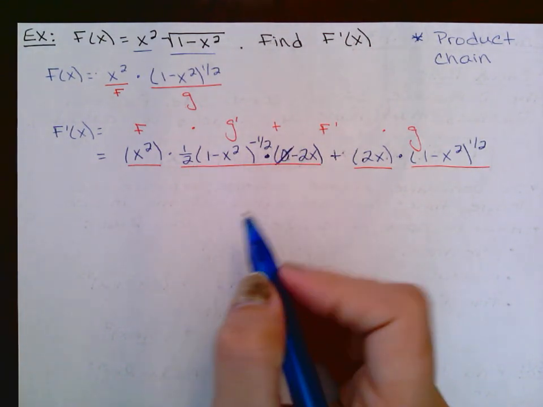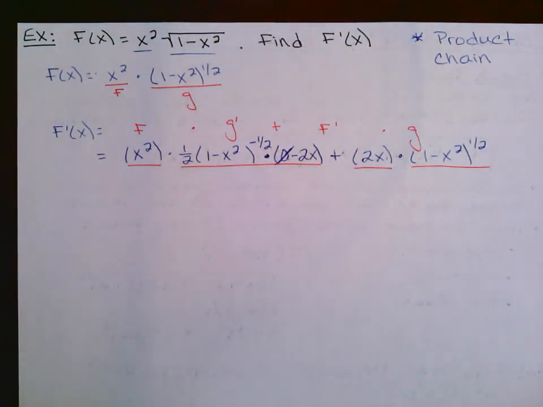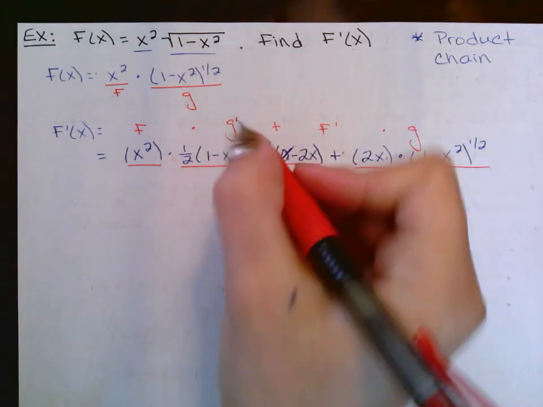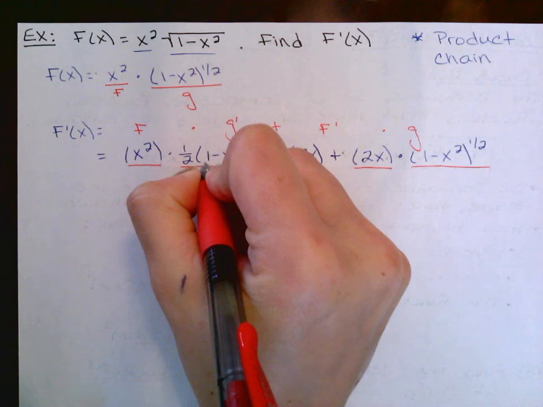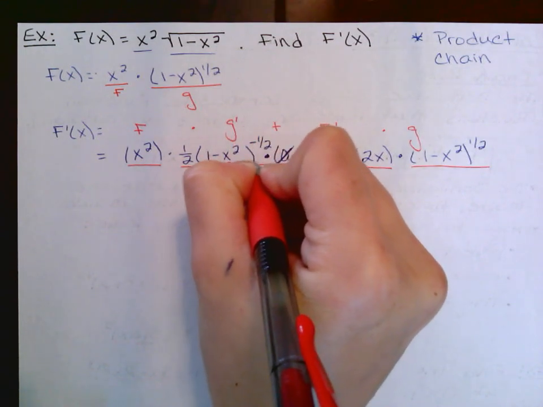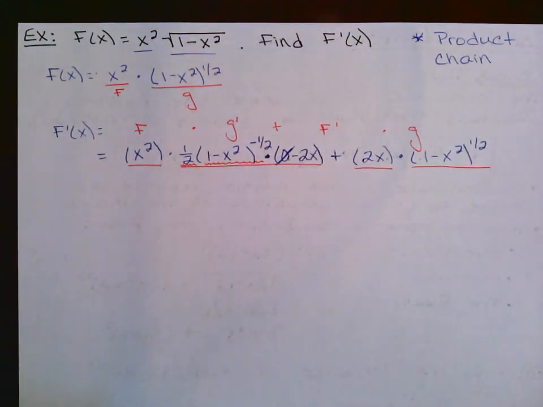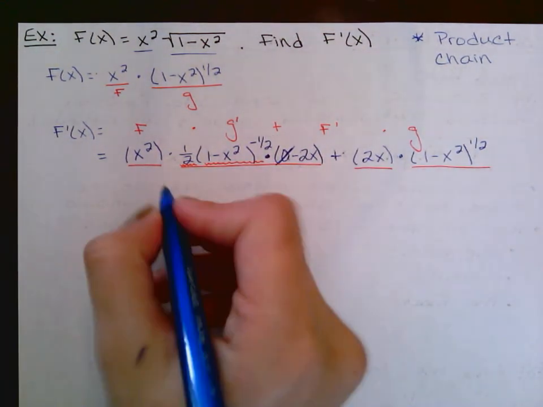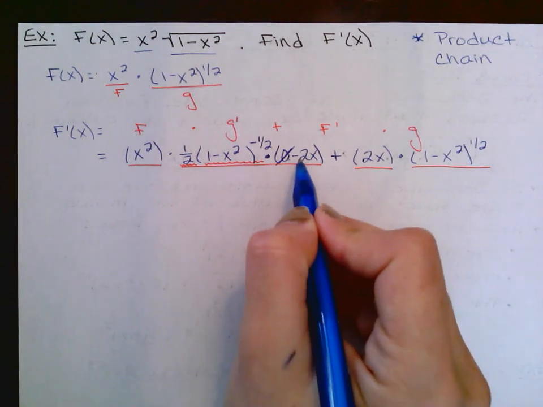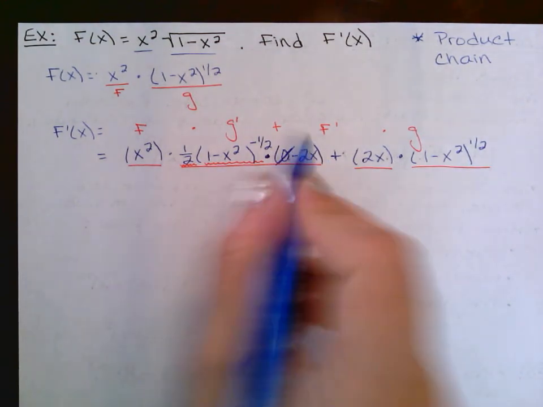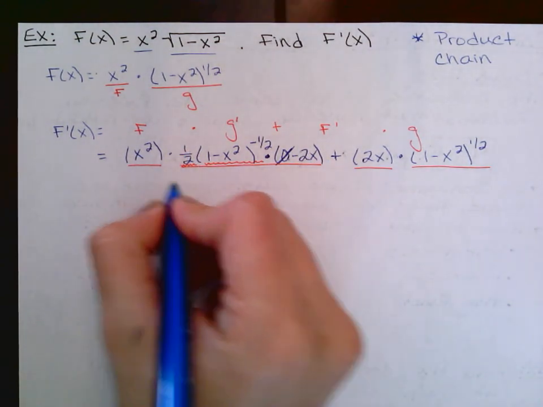Okay? So, let's say that this whole thing here is going to end up going down with the 2. Everything else should go in the numerator. So this x squared and this negative 2x are going to get multiplied to stay in the numerator with this 1.